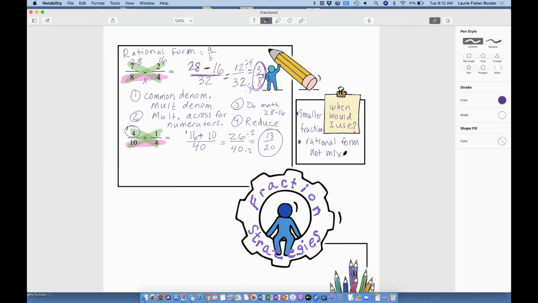Okay, and you're going to see some problems where you have some really big fractions. And when you do that cross multiplying, there's going to be huge numbers. You may choose to say, yeah, that looks really good, I like that anyway. Or you might say, I don't like these big numbers with this particular method. I'm going to try something else. So you'd use this when it's smaller fractions maybe, and when it's rational form, not mixed.